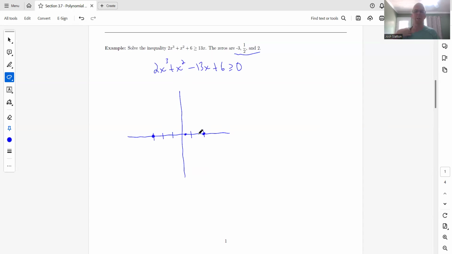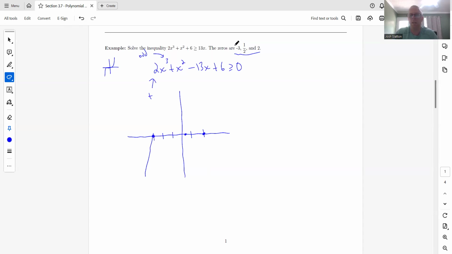And then the other part that we need to pay attention to is this is an odd degree polynomial. This is a positive leading coefficient. And so this graph, like we learned a couple of sections ago, is going to look like that, essentially, at least on the ends. So we know it's going to come up like this.